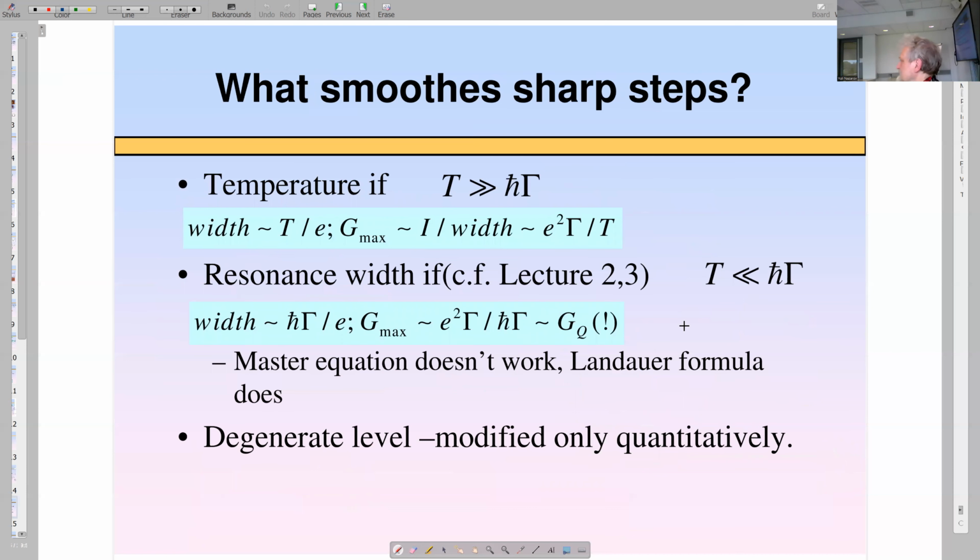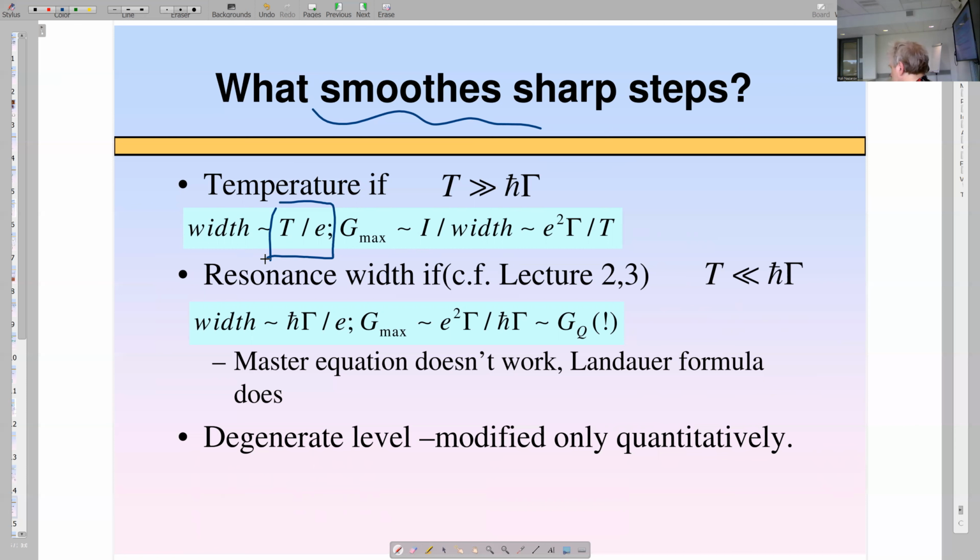That's interesting because it looks like there is a sharp step of the current. What can smooth this sharp step? It could be temperature. And in this case, the width of the step in energy is given by temperature. What would be the maximum conductance? Sorry, I forgot to say that.